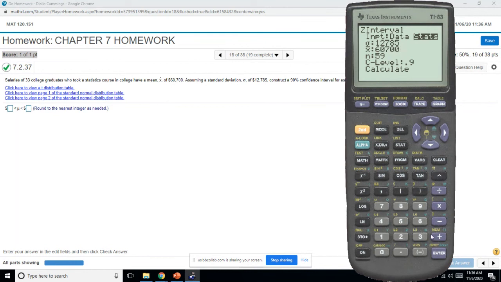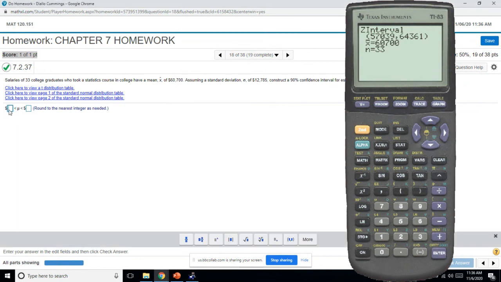N is 33. Our confidence level is 0.9. And we have a Z interval of $57,039 to 64,361.